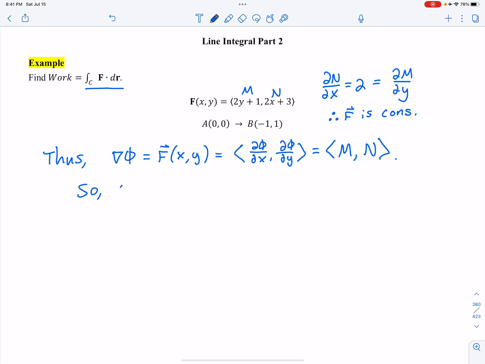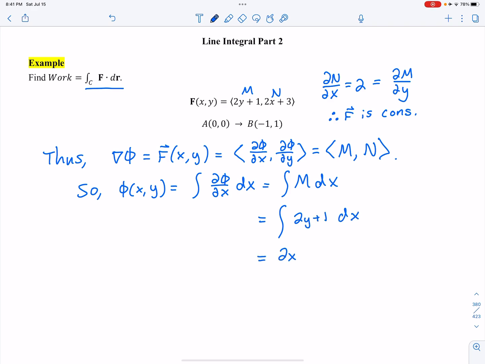So phi of x, y is equal to the integral of the partial of phi with respect to x dx. Well, the partial of phi with respect to x is just M dx. And now this allows me to work an integral out because I have an M, 2y plus 1 dx.